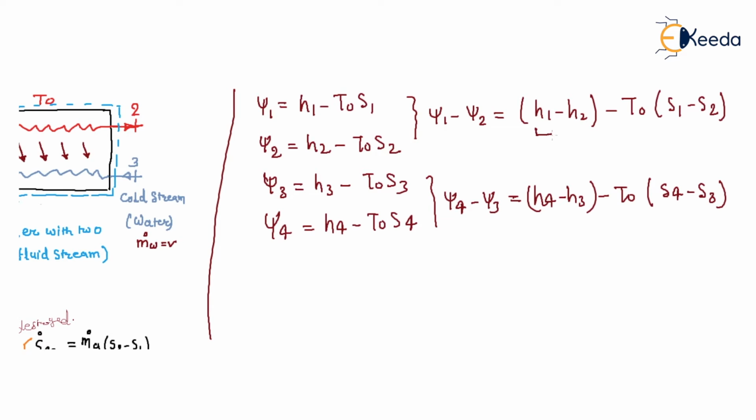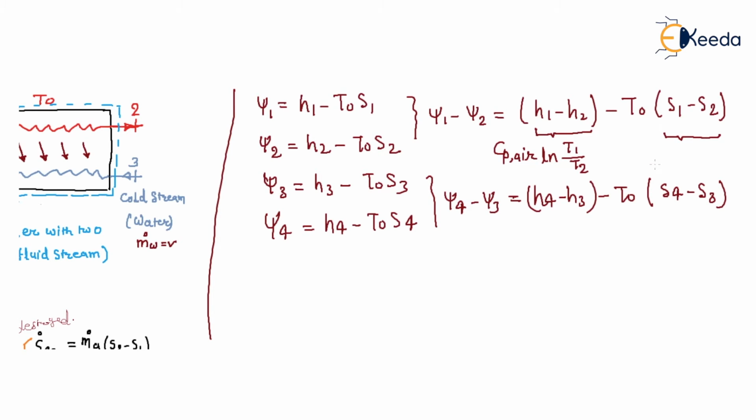So for air you have Cp of air ln (T3 by T4), (T1 by T2). So you have S1 minus S2 for ideal gas, right?